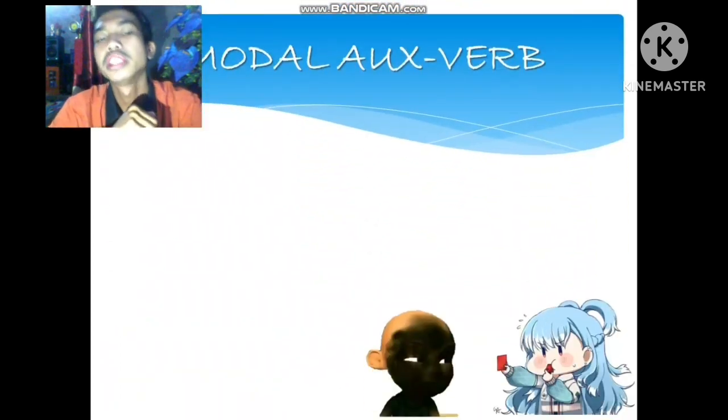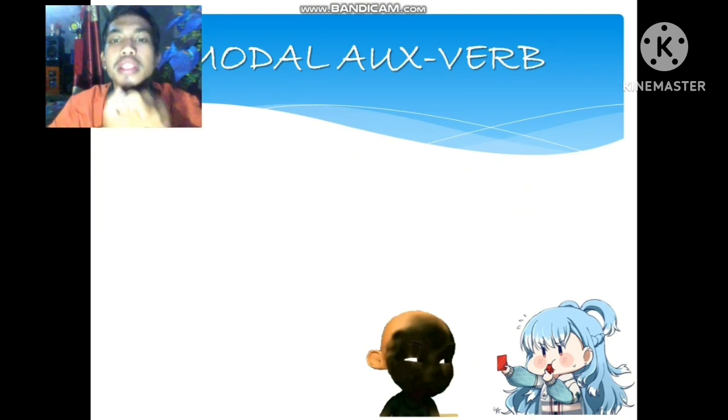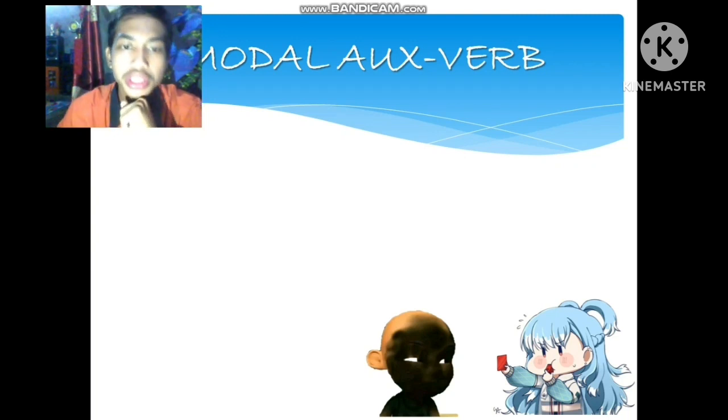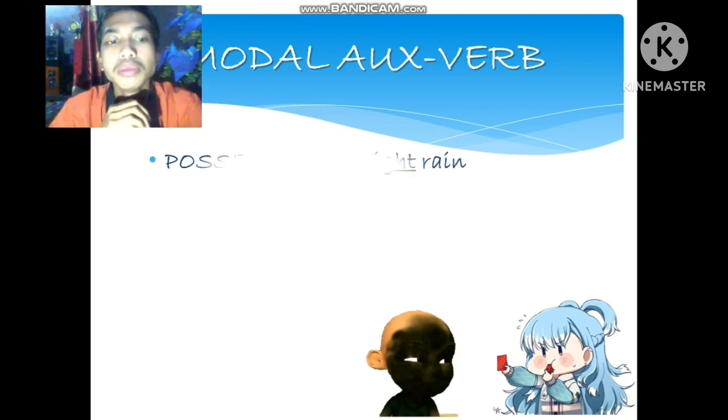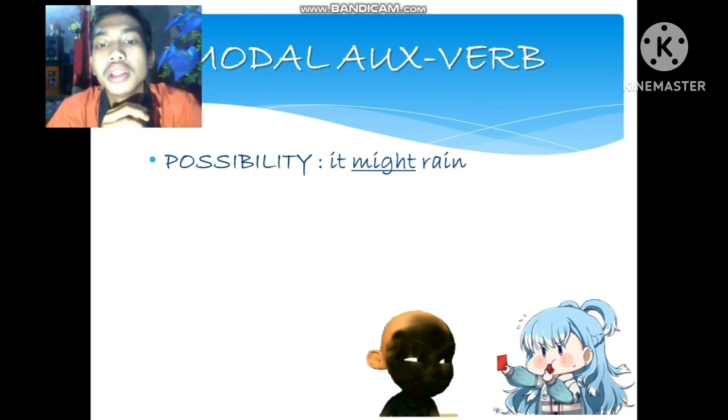Let's move to the second, modal aux verb. Modal aux verb is a verb that signs a few conditions. The first condition tells about possibility. For example, I write it might rain.